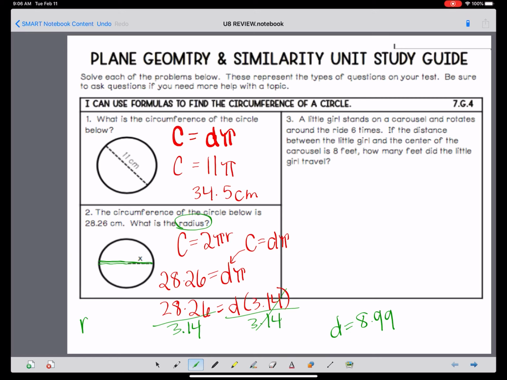That means my radius is equal to 4.49 centimeters. You could round it up if you would like, so you could say the radius is equal to 4.5. Just like how 49 cents is really close to 50 cents. 4.5 centimeters. And I'm going to show you another way in case you like to use the other equation.